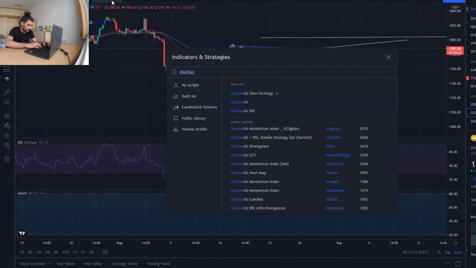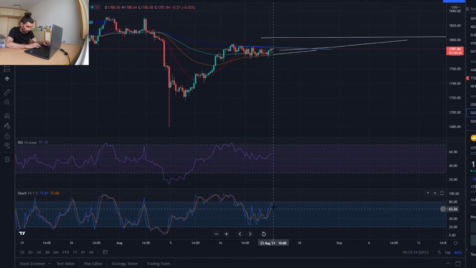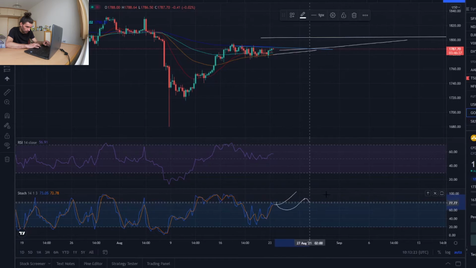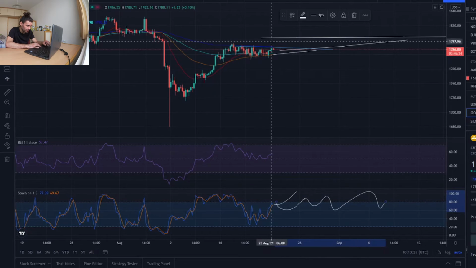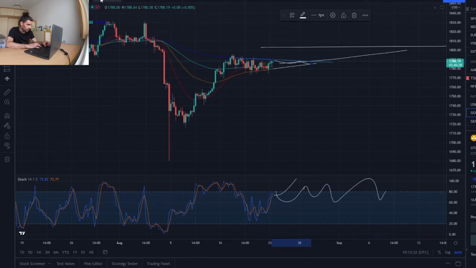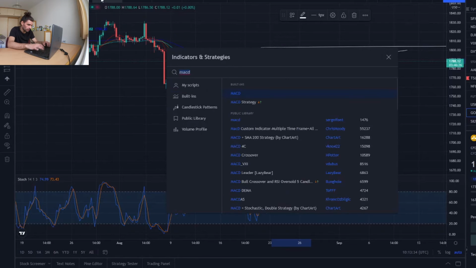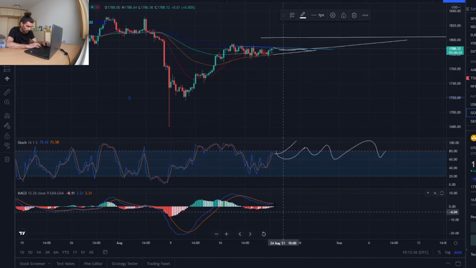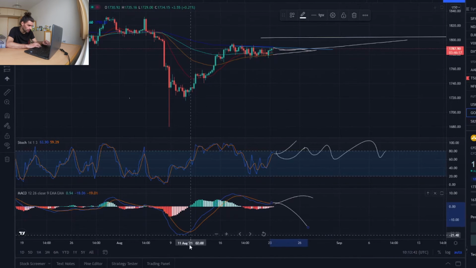Let's quickly add some indicators. The stochastic is above 50, which means we are in the upper parts, so we could stay here, which would mean we will head higher or at least stay at the 200 EMA. If we add the MACD as well, we are seeing a cross which could lead higher, but it looks like this here could turn to the downside.